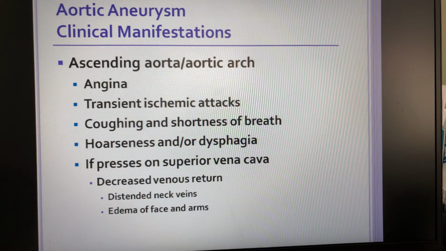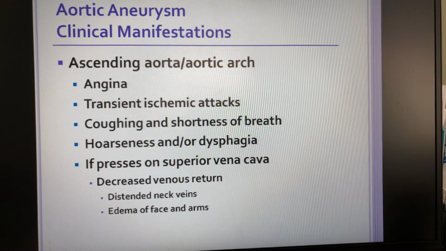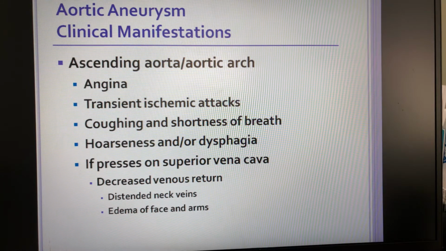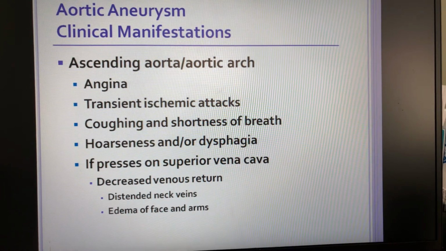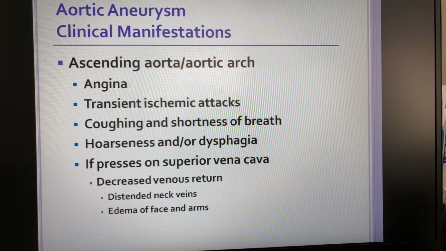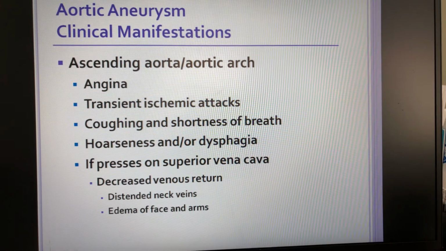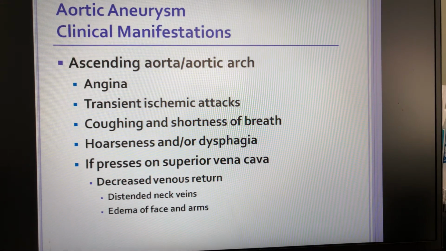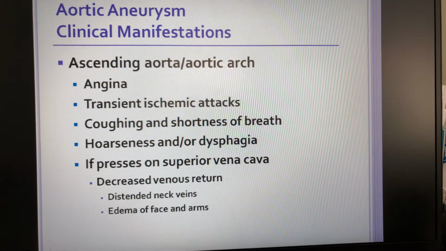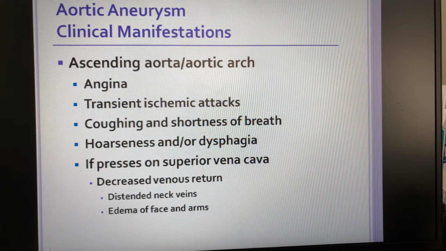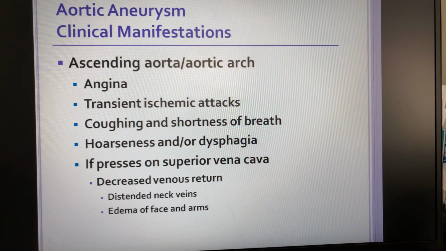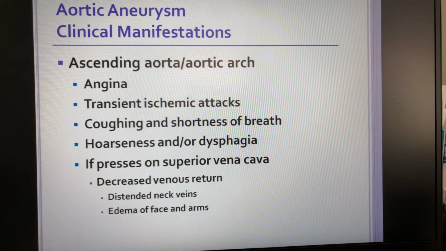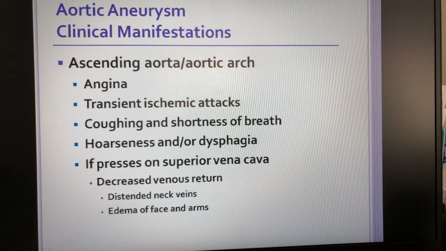In the ascending aorta and aortic arch, aneurysms cause angina from decreased blood flow to the coronary arteries, transient ischemic attacks, which is what we call a TIA, from decreased blood flow to the carotid arteries, and coughing, shortness of breath, hoarseness, and or dysphagia, which is difficulty swallowing, and that is due to the pressure on the laryngeal nerve.